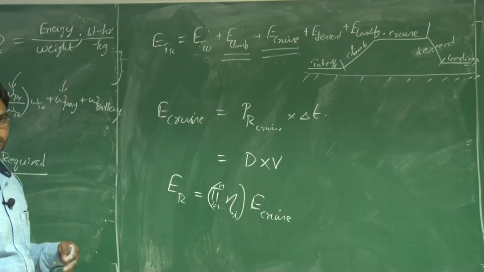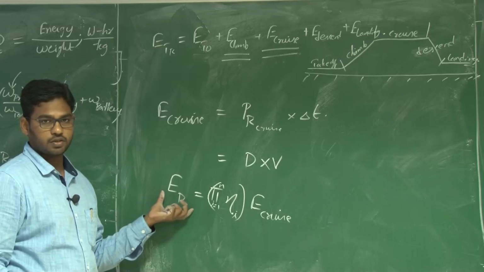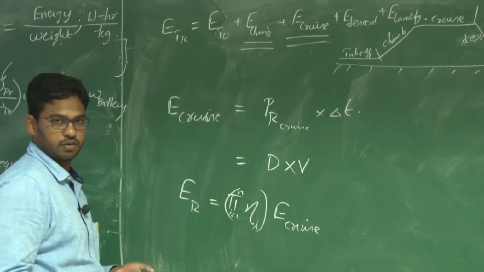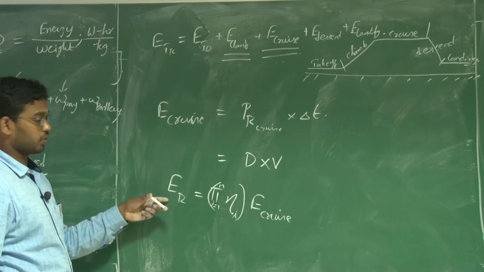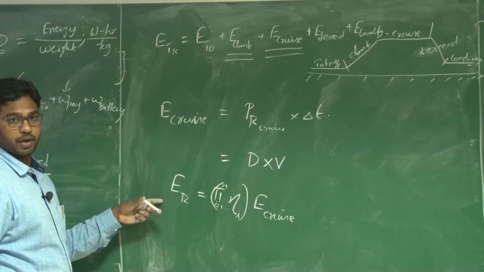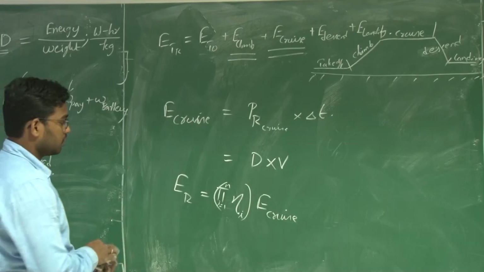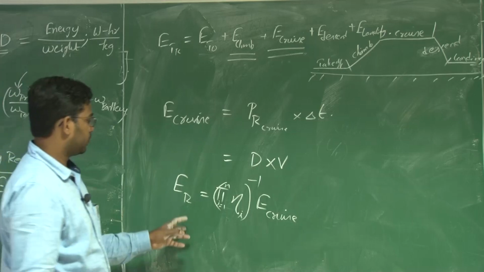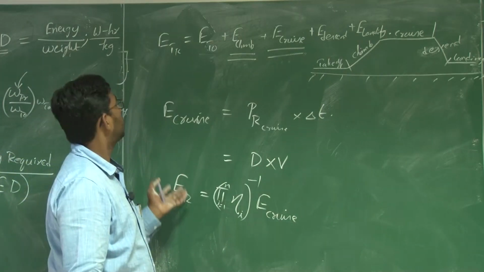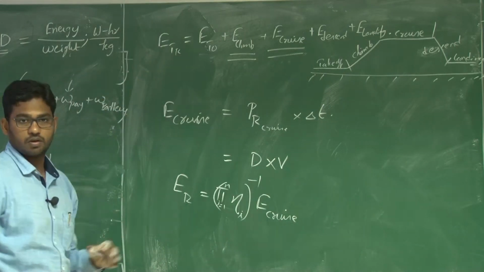So you multiply all those and find out the corresponding energy required. You should divide by this, in fact, because this is the input that you have to give, right? From the battery you need to supply this much energy. So this is like the inverse of it, right.